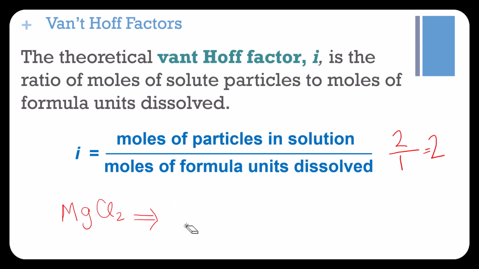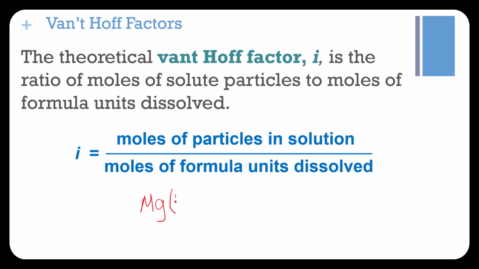So when it's just a binary ionic compound, so just like a metal and a nonmetal, those are pretty easy. When it becomes tricky is when we start to do polyatomic ions. So what about something like magnesium nitrate?